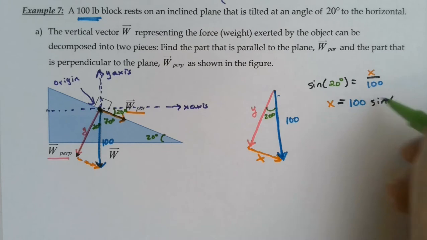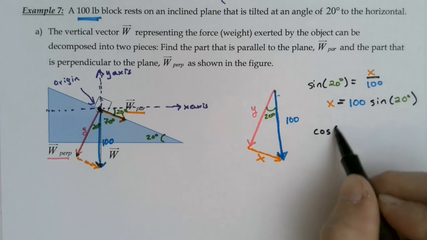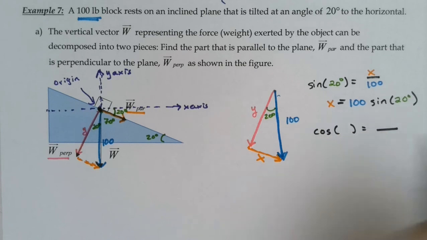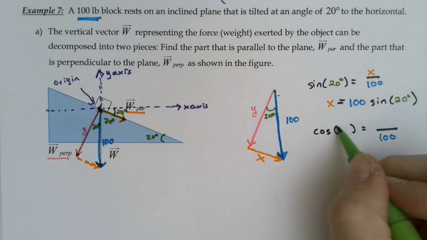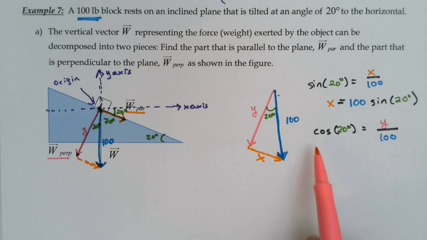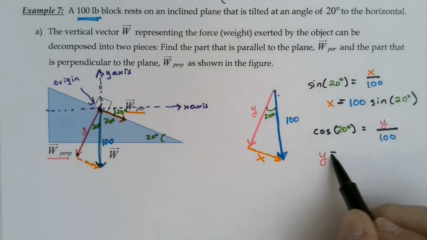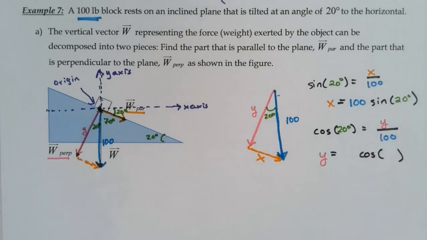And of course we could find a decimal approximation, but it's not necessary at this stage. Furthermore, I know that the cosine of 20 degrees is equal to y divided by 100. Therefore, I know that y is equal to 100 times the cosine of 20 degrees, multiplying both sides by 100.